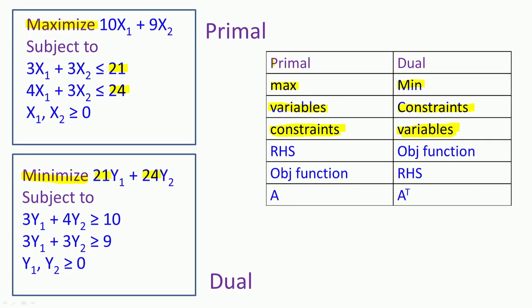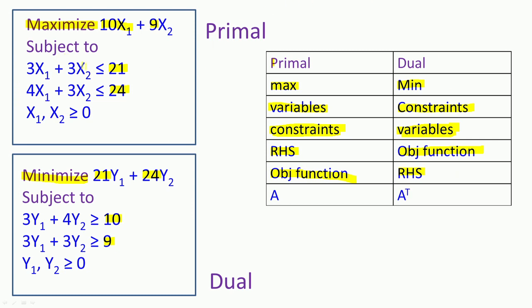So 21 and 24, 21 and 24. So the right hand side value of the primal becomes the objective function value of the dual. The objective function values of the primal, 10 and 9, become the right hand side values of the dual.